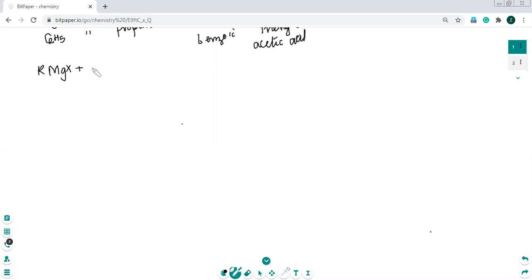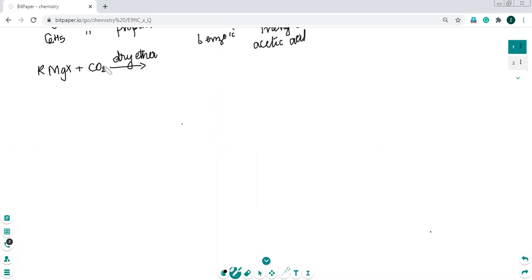Solid carbon dioxide, at a very low temperature, is used for this reaction, and the solvent is an ether solvent. Of course, it has to be dry. Dry ether is used as a solvent.